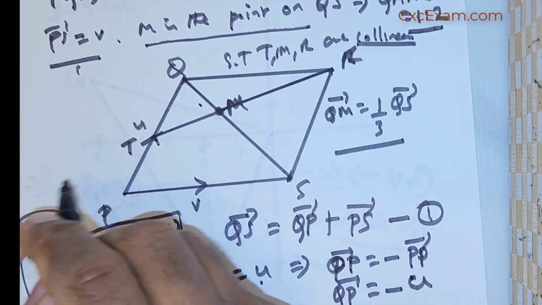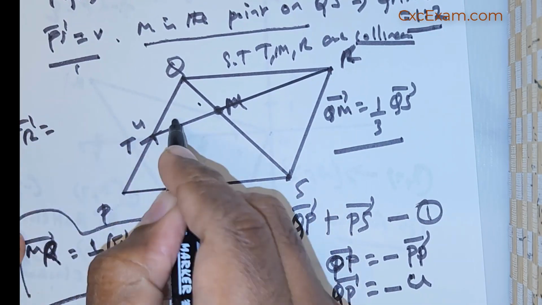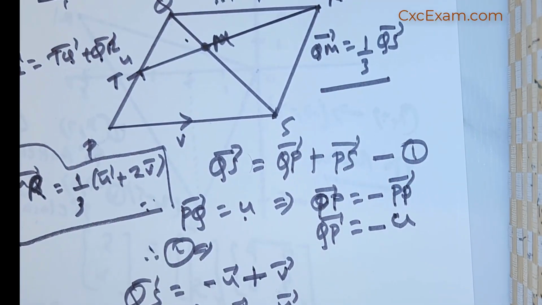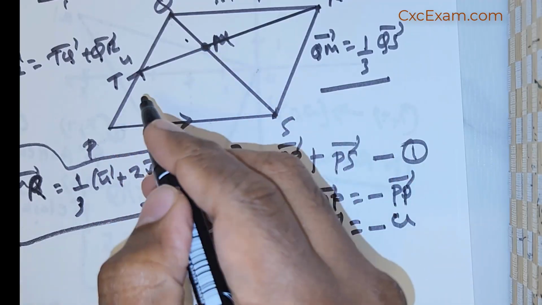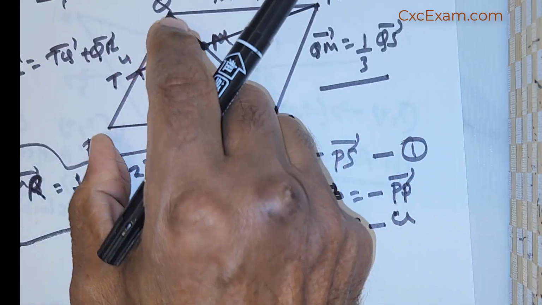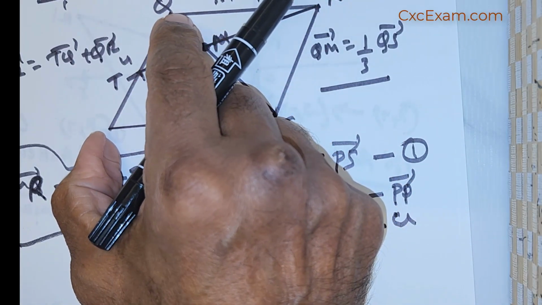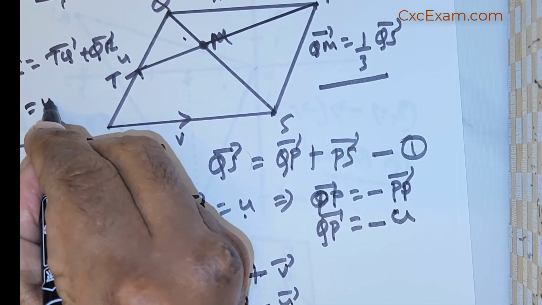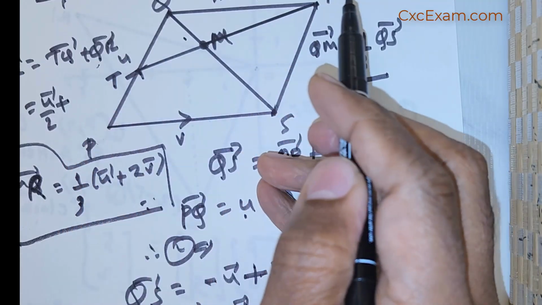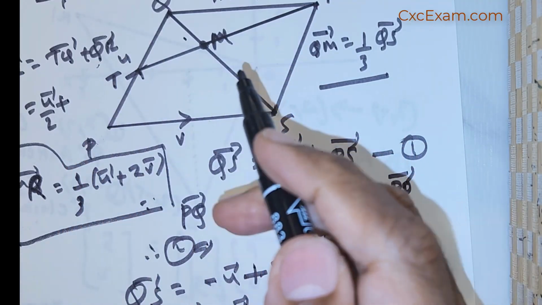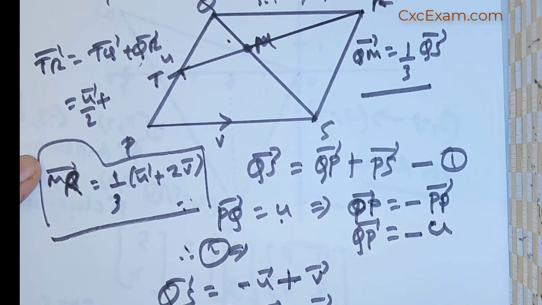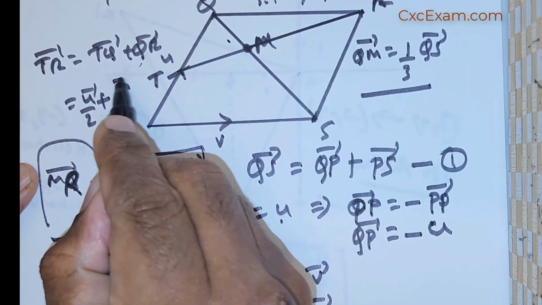From this figure, I can write TR vector is equal to TQ vector plus QR vector. Now T is a midpoint, and the entire PQ is given as U. So this is going to be U vector over 2 positive QR vector. QR vector is going to be my V vector.